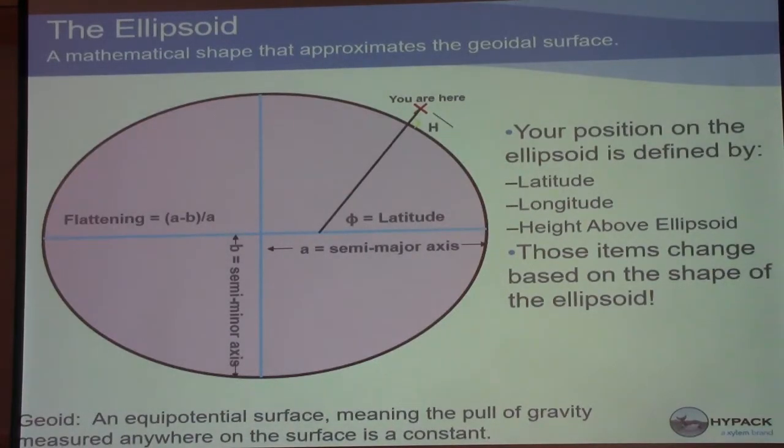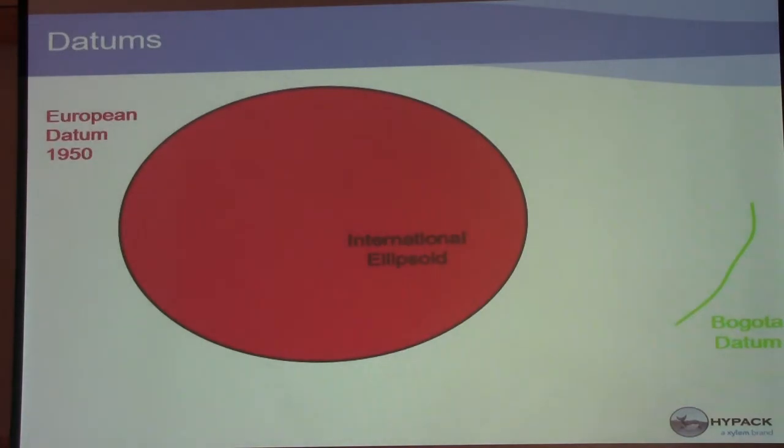So, some of the basics of geodesy: the ellipsoids. An ellipsoid is a mathematical shape that approximates a geoidal surface, and your position is defined by latitude, longitude, and ellipsoid height. These can change based on the shape of the ellipsoid, so there are all kinds of different ellipsoids: WGS84, international, and quite a few other ones.